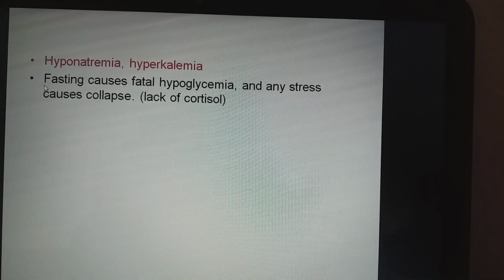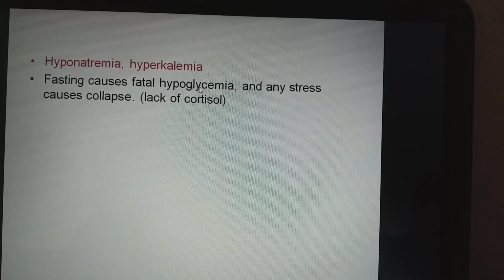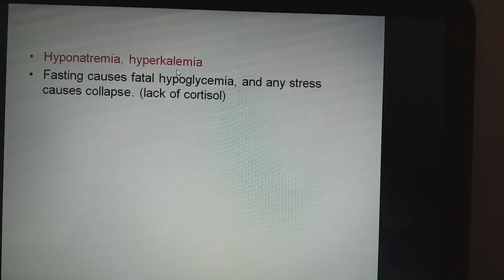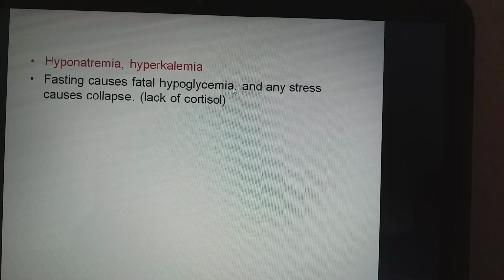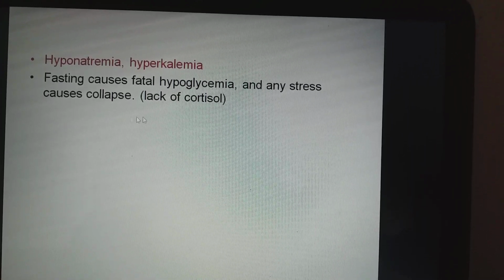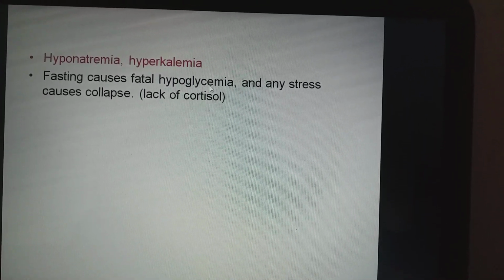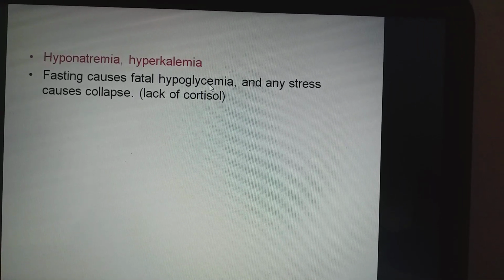Other one, fasting can cause fatal hypoglycemia. So one of the functions of cortisol is to increase the blood glucose level. If the patient is fasting, or if the patient faces any stressful situation, the patient can go into hypoglycemia due to the lack of cortisol.